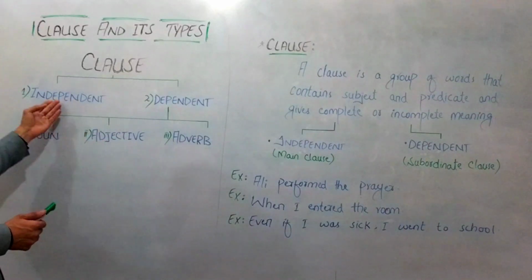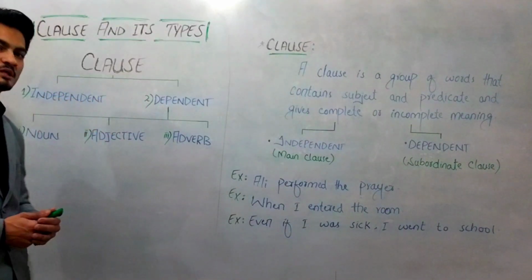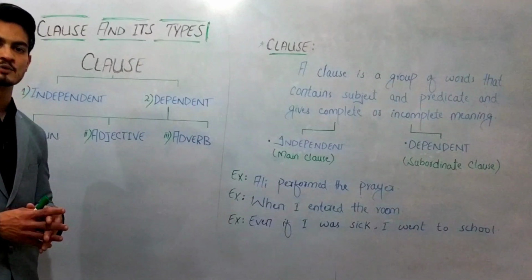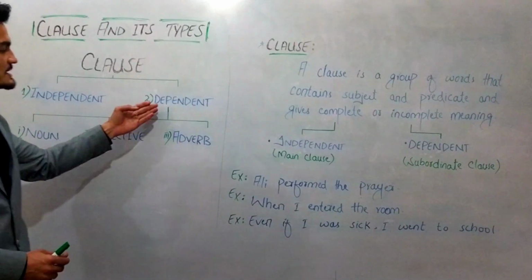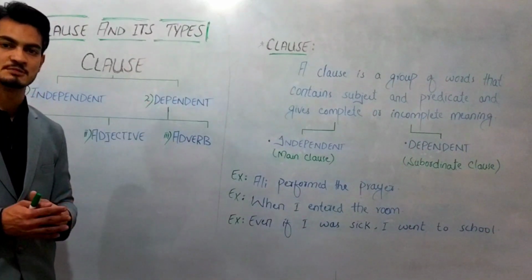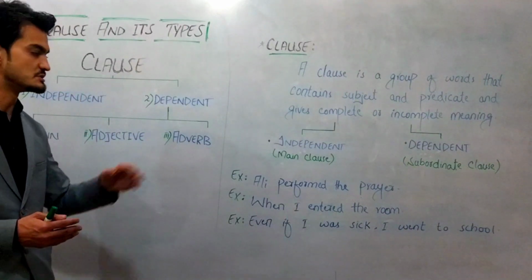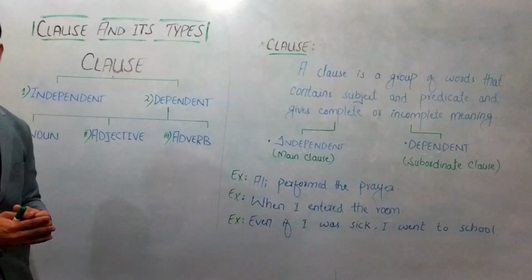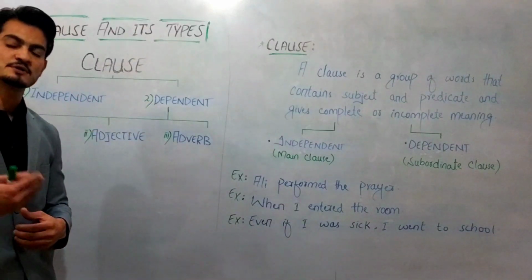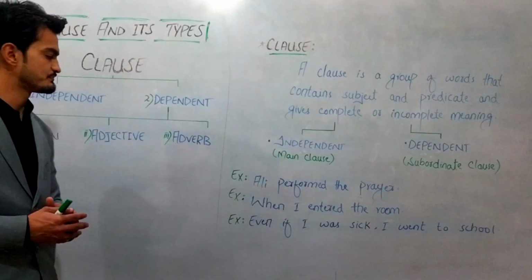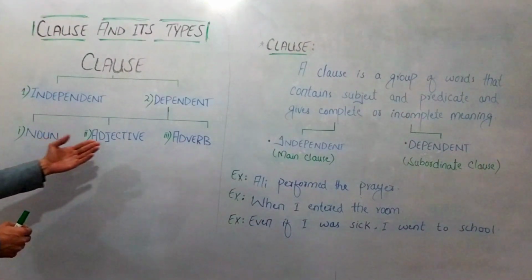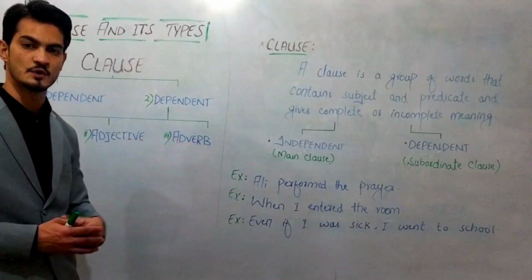You know the meanings of these words: independent means that which can stay alone and which can convey meaning, and dependent means that which doesn't give us meaning and which depends on another clause, which depends on an independent clause. And dependent clause is further divided into three types: noun clause, adjective clause, and adverb clause.